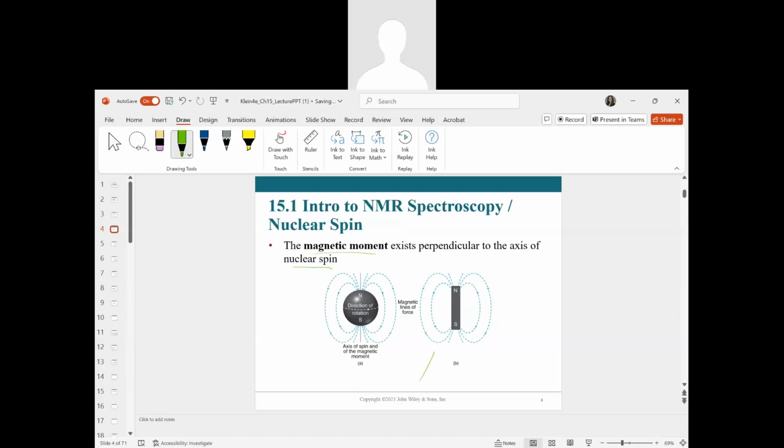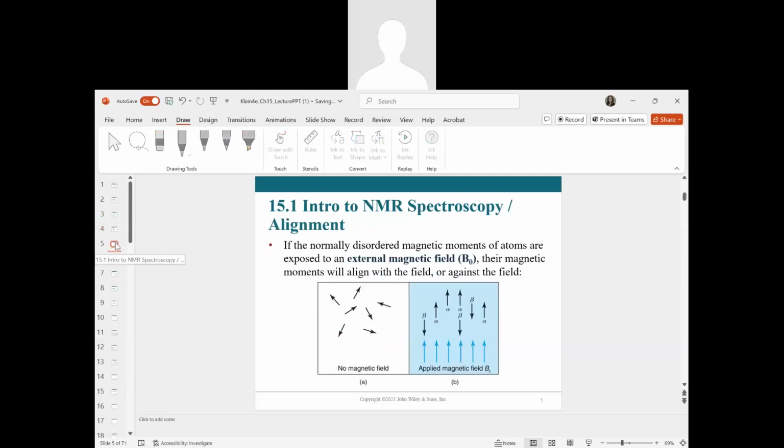We can compare it to just a magnet with a north and south pole. These types of forces are invisible to us, but we know exist. And what NMR spectroscopy does is it applies an external magnetic field, this B sub 0 that's indicated.